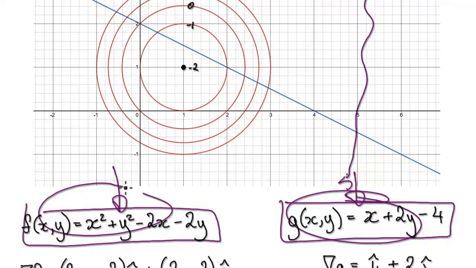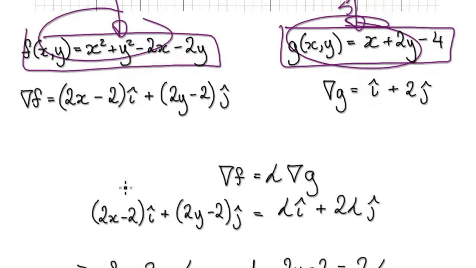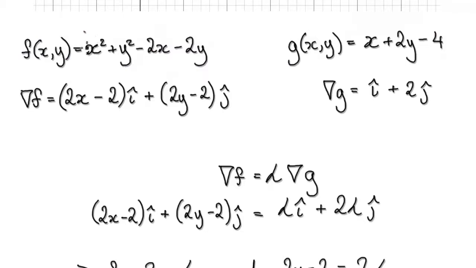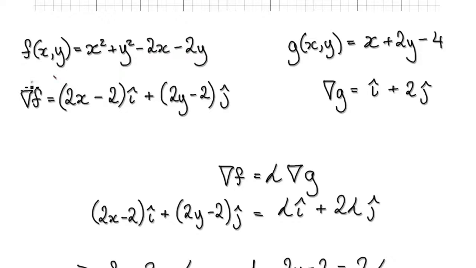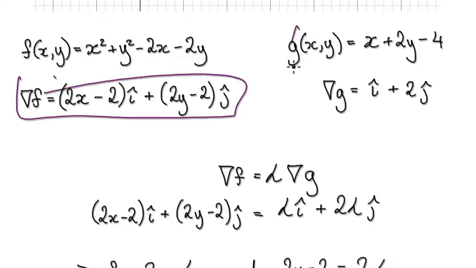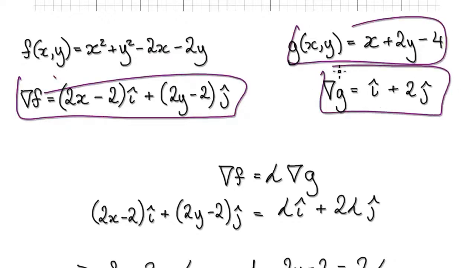So the gradient vector of both will be, so take the partial derivative with respect to x first. So that would be this. Well, the gradient vector of this will be given by this. Gradient vector of this will be given by this. We want to find x, y, and lambda in such a way that this thing equals this thing here.